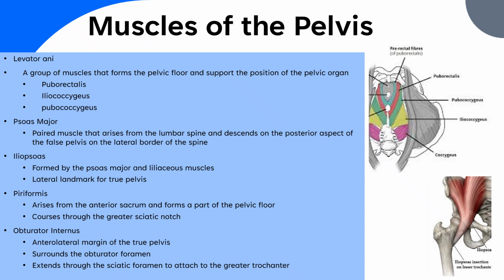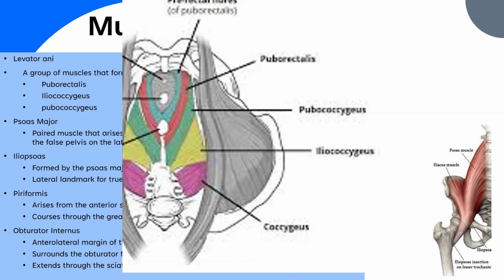So when we're doing our Kegels and we're trying to support our pelvic floor, these are the muscles that we are activating. And as we age, these muscles are going to start losing some strength to them, some tenacity. And this is where we end up with a prolapse or something like that.